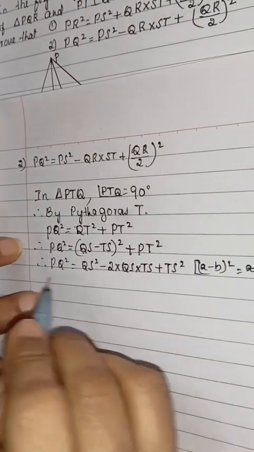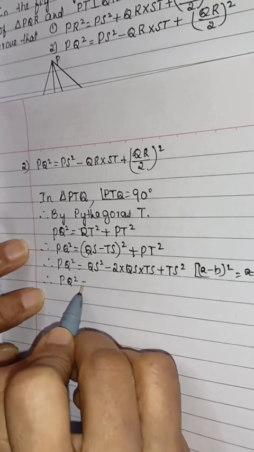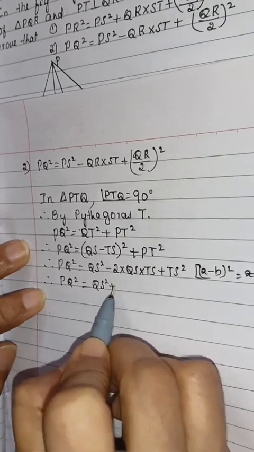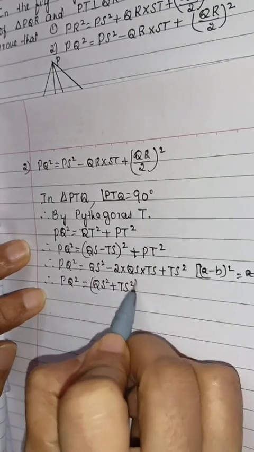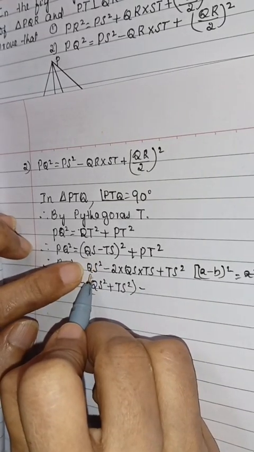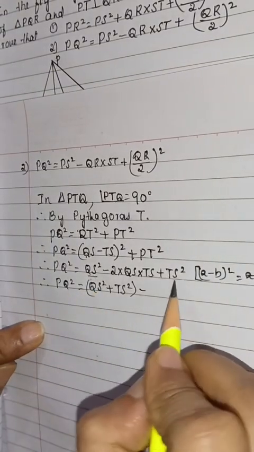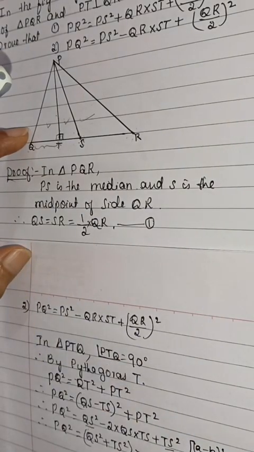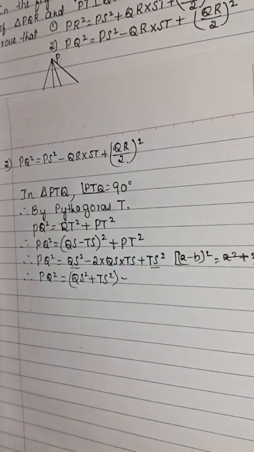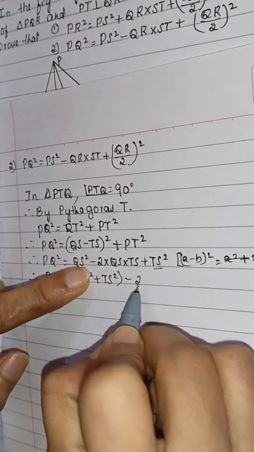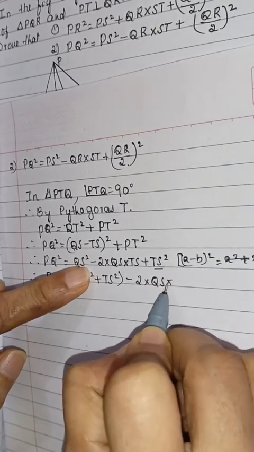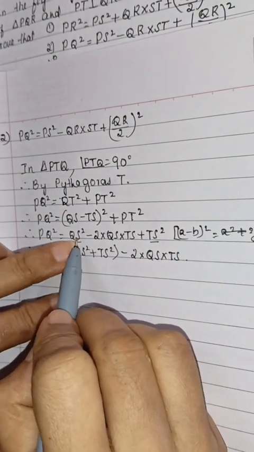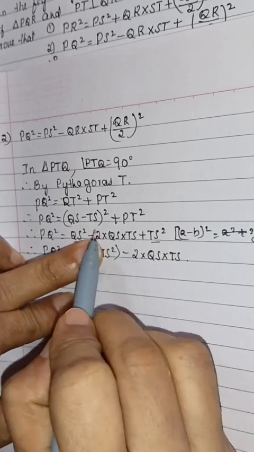So now, therefore PQ square equal to QS square minus 2 into QS into TS plus TS square.